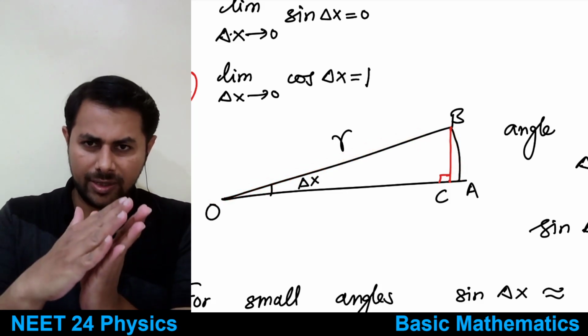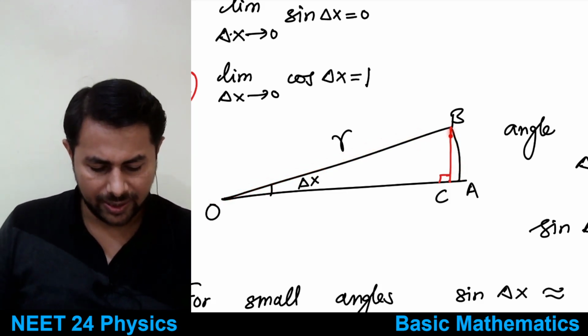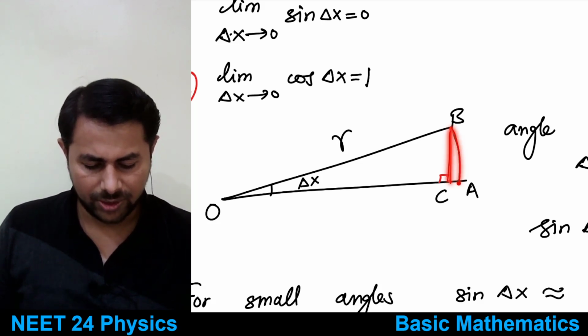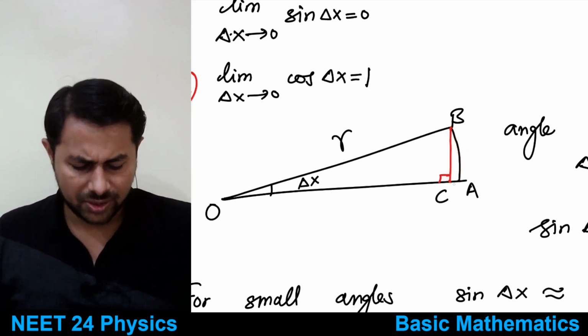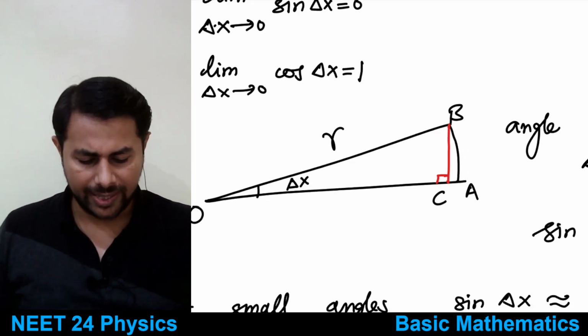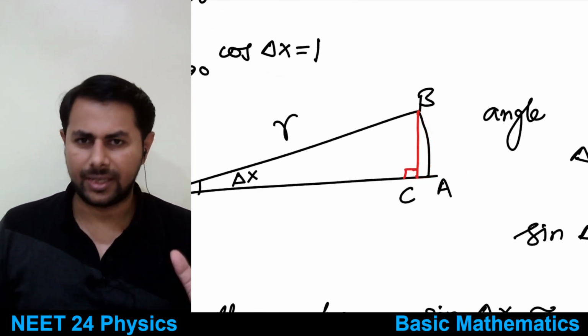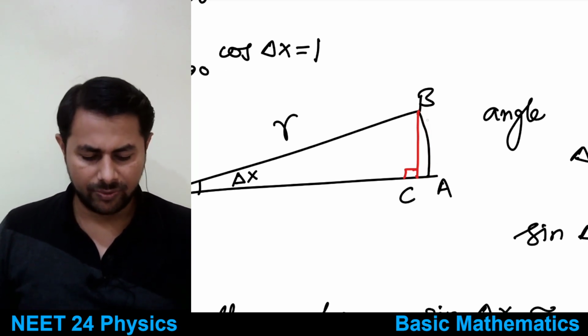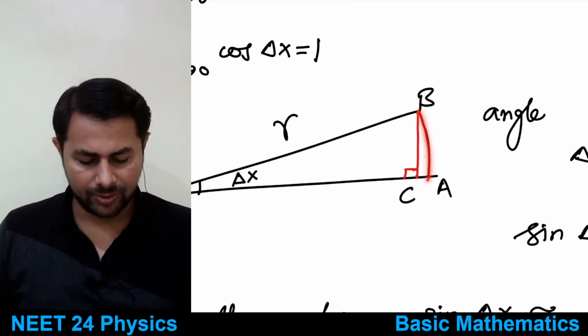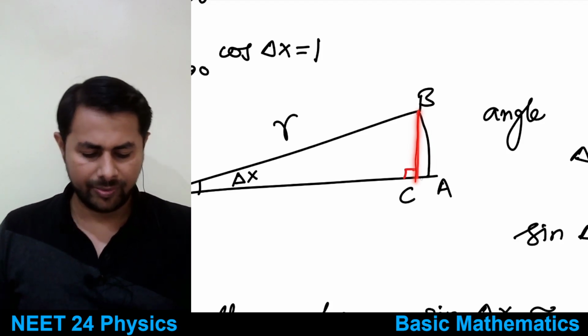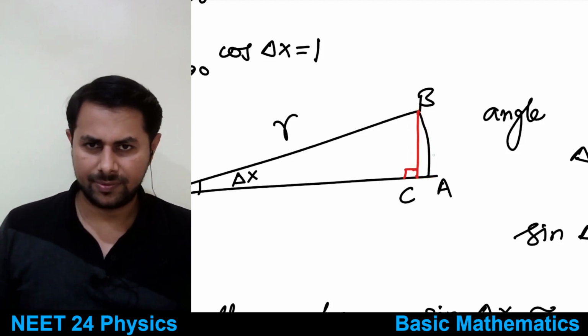If the angle is very small, then you can see that this length is almost equal to this length, because you can approximate this to be a right angle triangle. So AB square will be equal to BC square plus AC square, right?